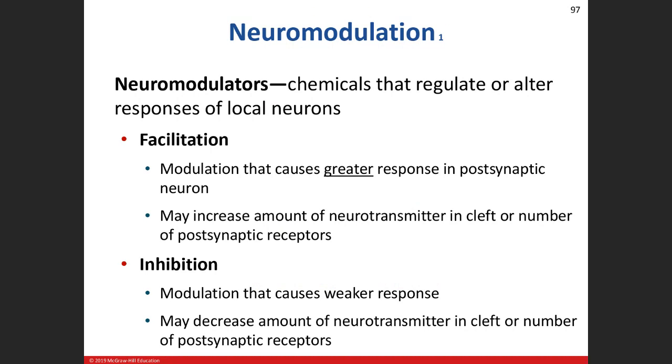Finally, the last part of chapter 12, neuromodulation. Basically, what a neuromodulator does is it somehow affects the response of neurons. It can either increase the response of a neuron, or it can decrease the response of a neuron.